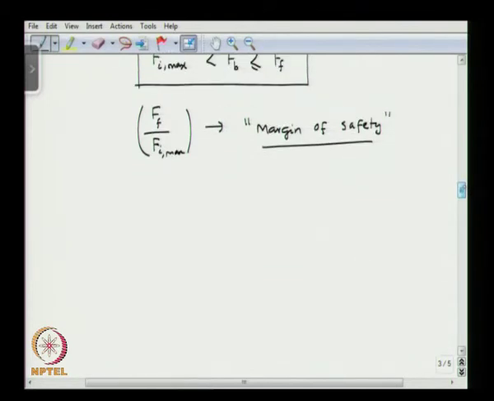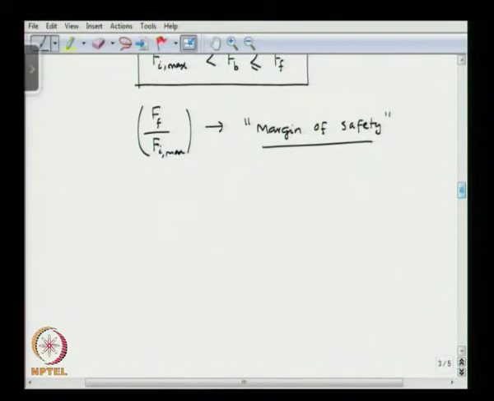Now, as I said, the insertion force when you are trying to insert the microneedle into the skin varies with depth. So, let us look at how the insertion force varies as the microneedle penetrates into the skin.